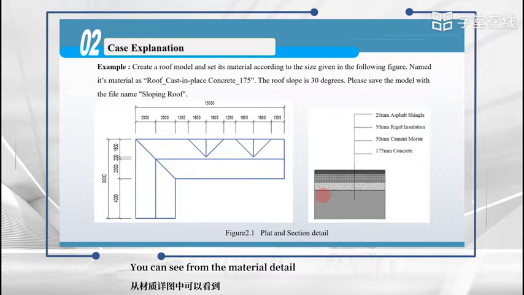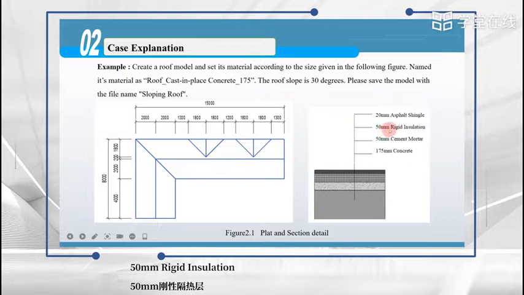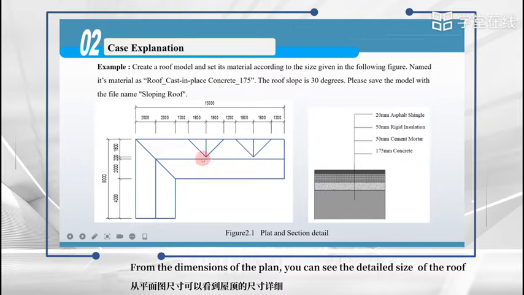You can see from the material detail that the structure of the roof is 20 mm asphalt shingle, 50 mm rigid insulation, 50 mm cement mortar, and 175 mm concrete. From the dimensions of the plan, you can see the detailed size of the roof.